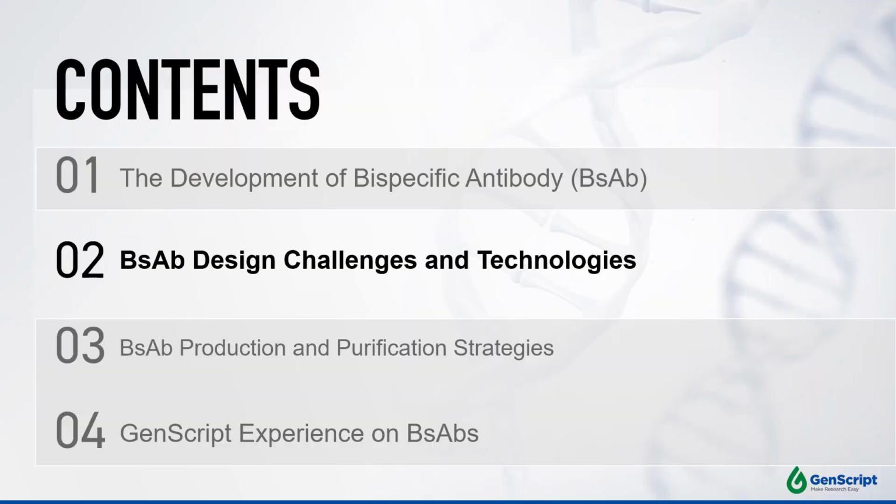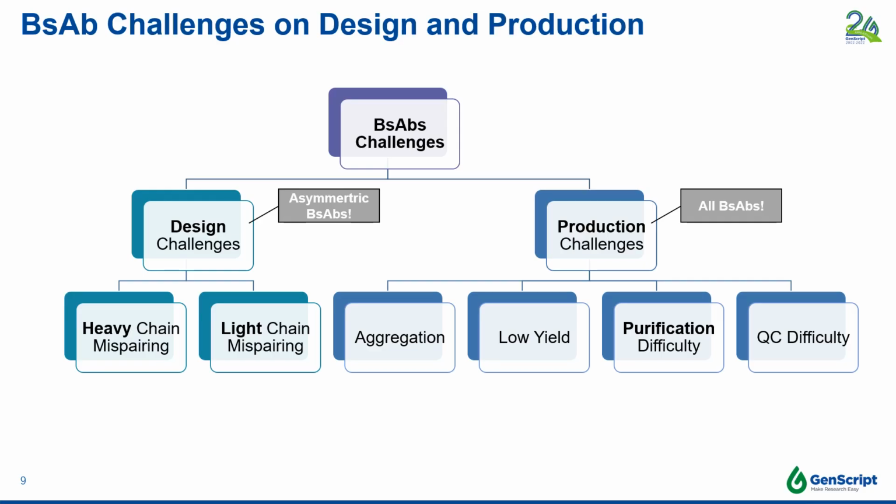So if you want to generate your own BsAb, what are the challenges in design and production, and how do you overcome them? For non-IgG-like BsAbs and the symmetric BsAbs, the only thing you need to think over is the linker, which may affect the yield and purity. For asymmetric BsAbs, it's more complicated because of chain mispairing.